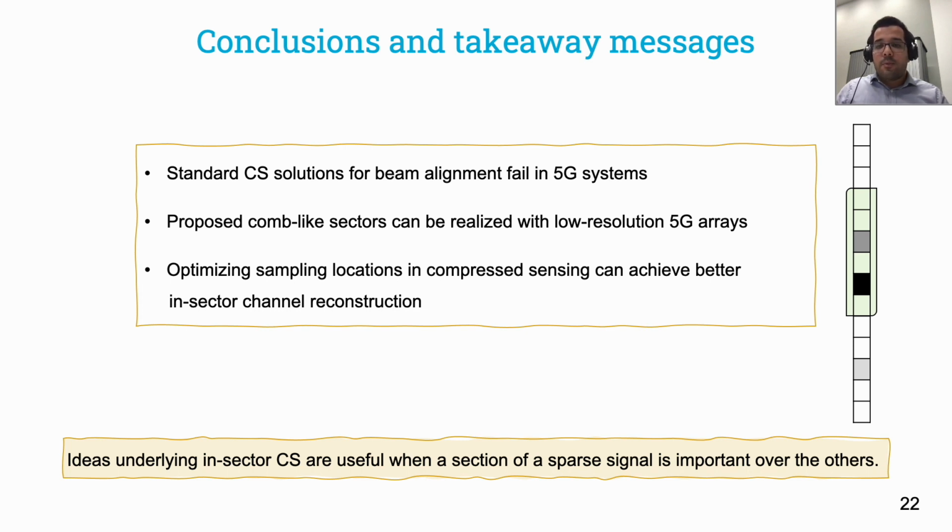For instance, we can think of an emergency situation where a doctor needs to have an MRI scan of the brain of a patient, but based on the records of the patient, the doctor needs to have the scan of, let's say, a certain part of the brain first to take the necessary actions. In such a case, instead of scanning the whole brain, which takes a lot of time, he or she can just scan that certain part using in-sector compressive sensing.